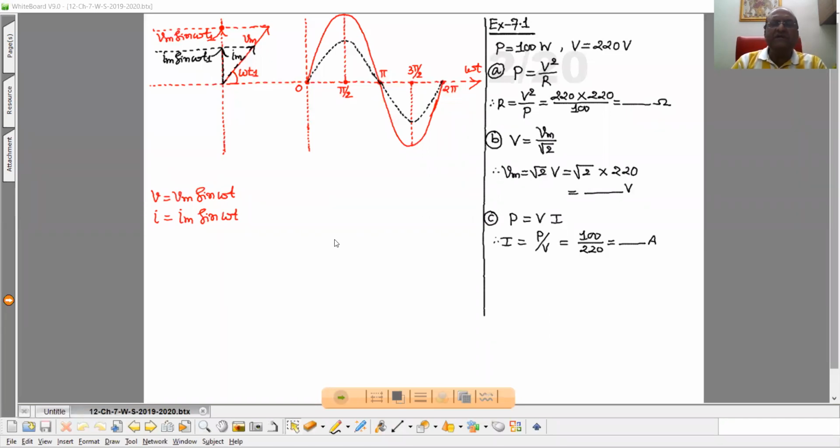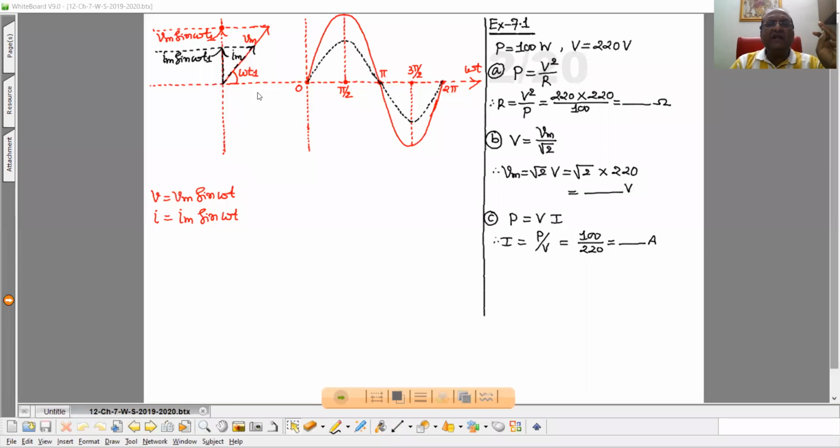If you want to represent the voltage and current with the help of a vector at that instant, we have to prepare a vector whose magnitude equals the maximum value of the voltage, and it should make an angle equal to its phase with respect to the x-axis. At instant t1, substituting t equal to t1, the phase will be omega t1.